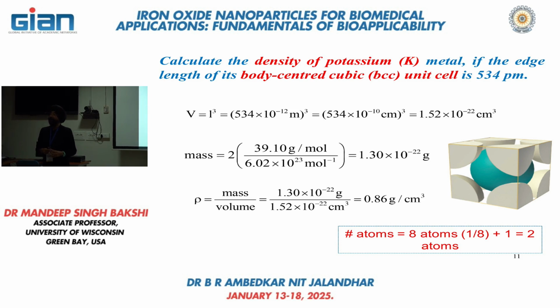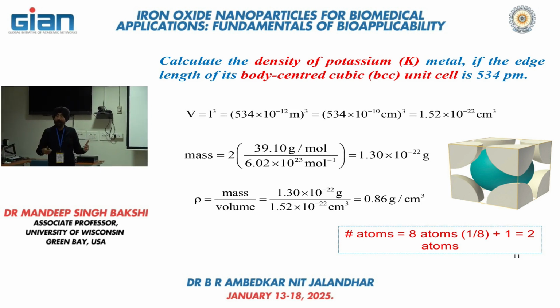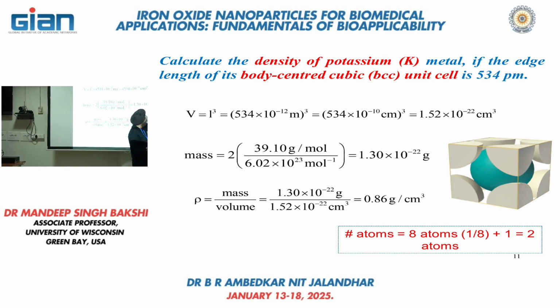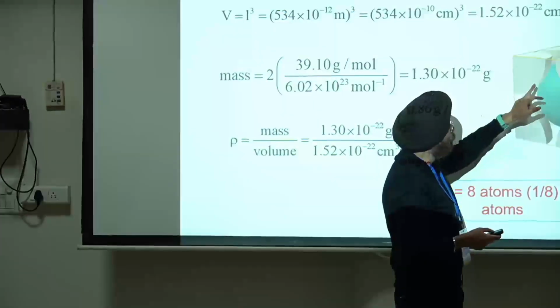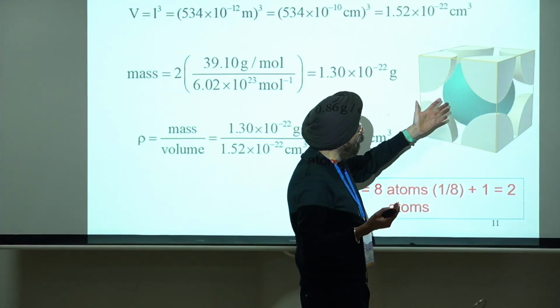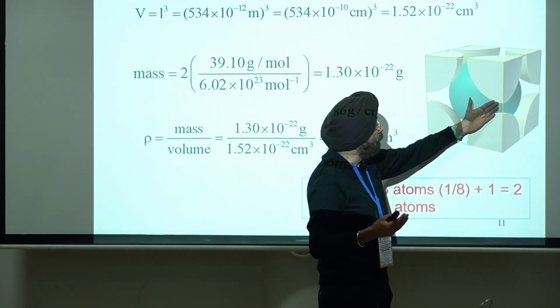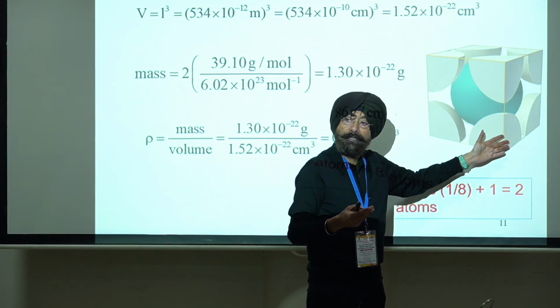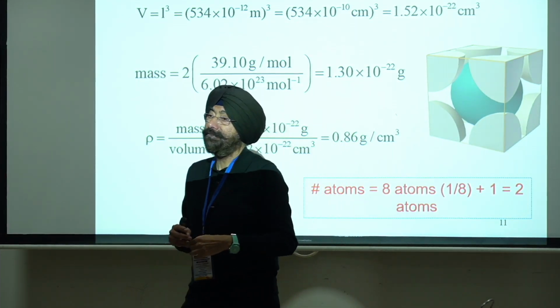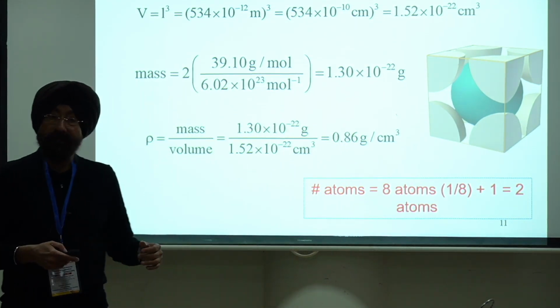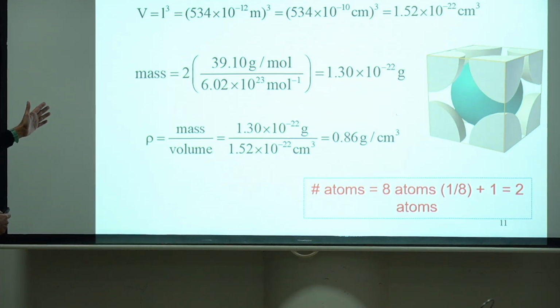You have to calculate the volume and the density. It is much more straightforward to calculate the volume because all sides of the cube are equivalent. So if I have to calculate the volume, I simply need the length of one side and I can take the cube, and that would be the volume. And that is what is shown over here.